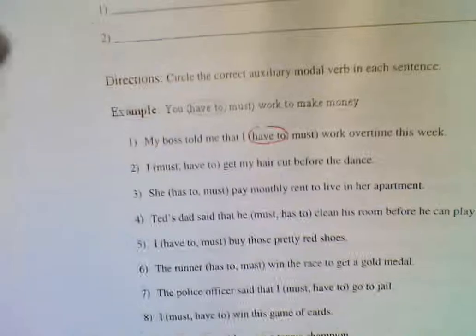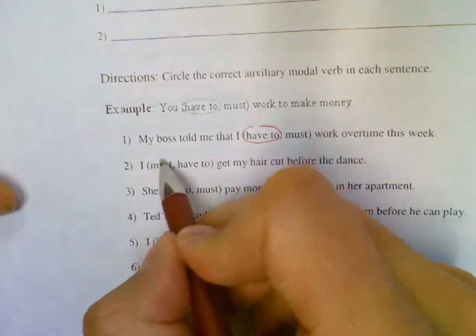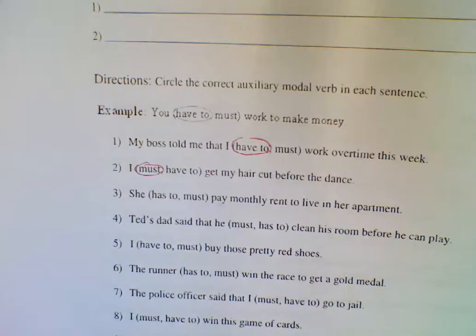All right, number two, I get my hair cut before the dance. Well, I must get my hair cut before the dance. So you can get a feel for what you're doing here.